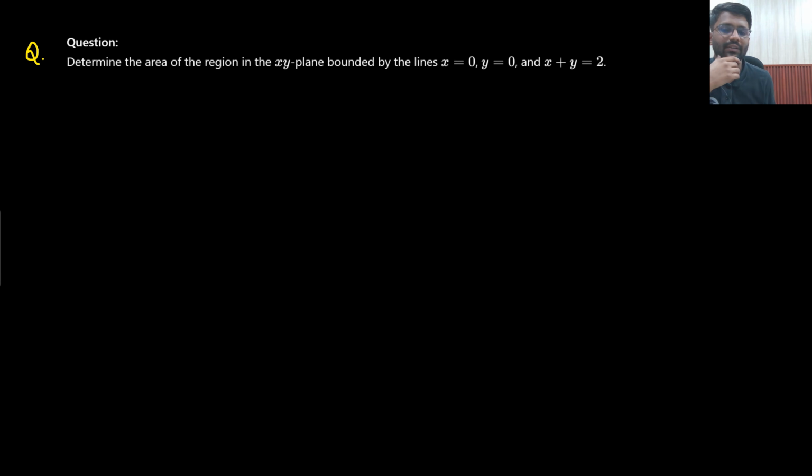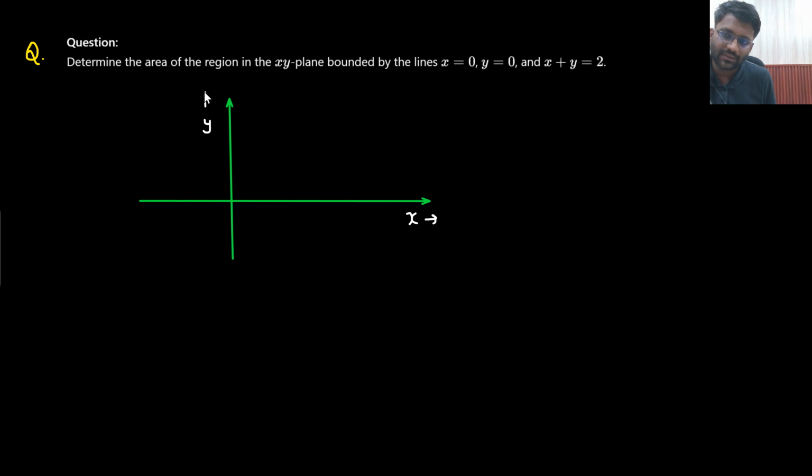Let's go to the next one. Determine the area of the region in the xy plane bounded by the lines x equals 0, y equals 0, x plus y equals 2. Okay, let's get started. This is your x-axis, this is your y-axis.